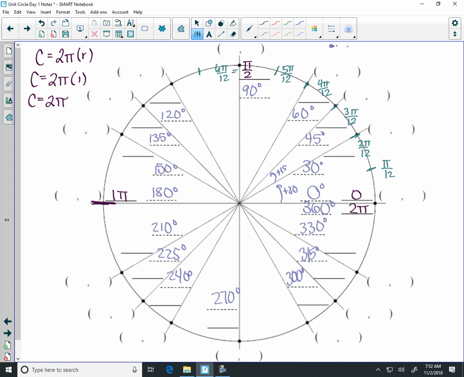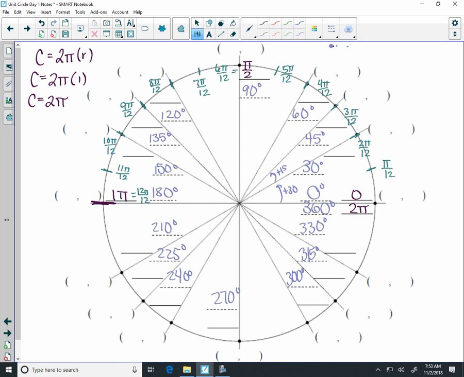In between 90 and 120 is 7 pi over 12. Equal to 120 is 8 pi over 12. At 135, 9 pi over 12. 10 pi over 12. 11 pi over 12 is here in the middle. And this guy here is 12 pi over 12, which is equal to 1 pi.